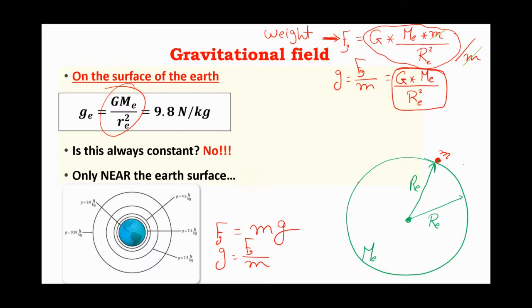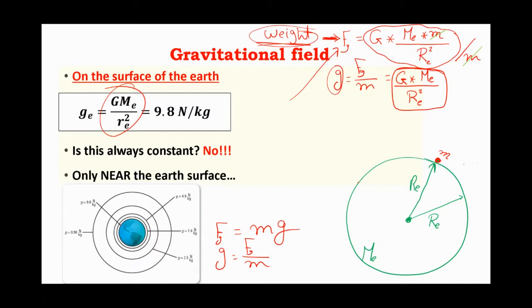So again, we have two formulas now. The formula for the gravitational force, which here on the planet we can say is the weight of the object, and the gravity acceleration or the gravitational field, which is this gravitational force divided by the mass. The difference in between is just the mass of the object.